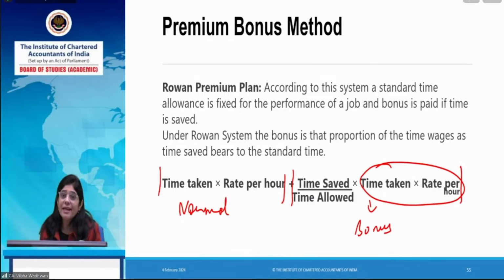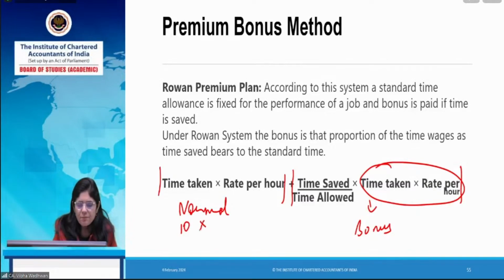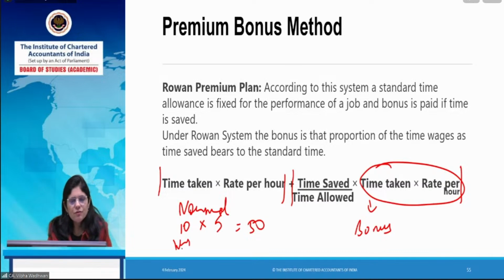So you will get an extra percentage. Whatever percent of time you have saved, you will get that percent extra of your normal wages. Clear? So if your normal wages comes out to, let us say, 10 hours into 5, so normal wages is 50. So 50 is your normal wage. And let us say you have saved 20% of the time.